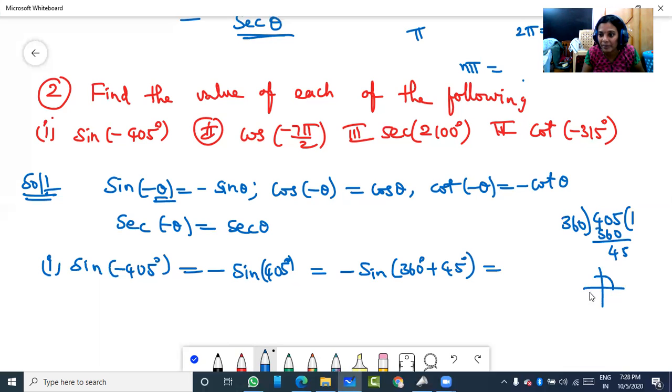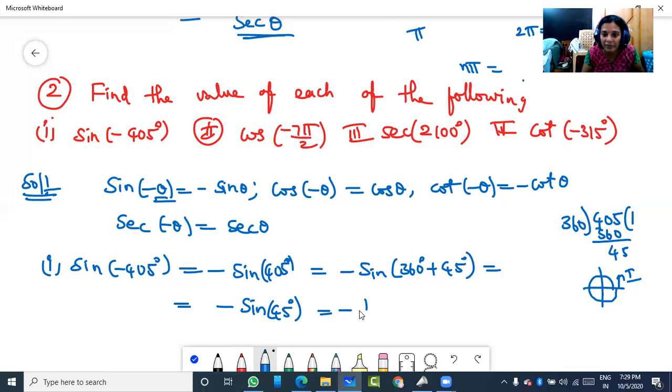360 means one complete rotation is over. It will come in the first quadrant. And here 360 means for the sine function, we get sine only. And the minus is there. Sine of 360 plus theta is sine theta, 45 degrees, it is equal to minus 45 degrees.